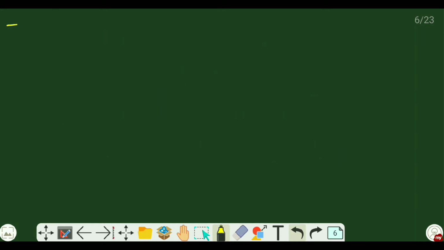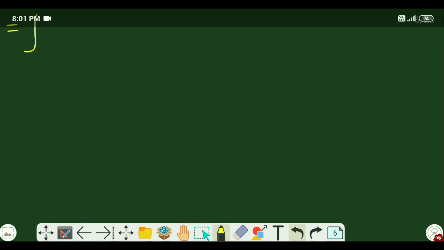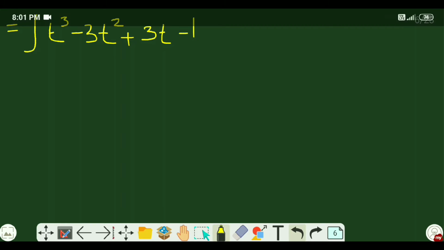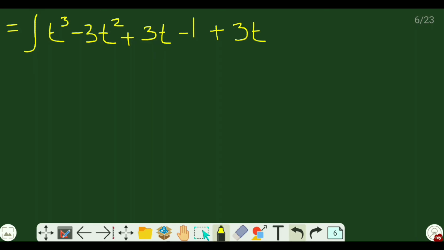So, we get over here the integral of t minus 1 the whole cube becomes t cube minus 3t square plus 3t minus 1. The next term, that is 3 into t minus 1 the whole square, can be written as plus 3t square minus 6t plus 3.